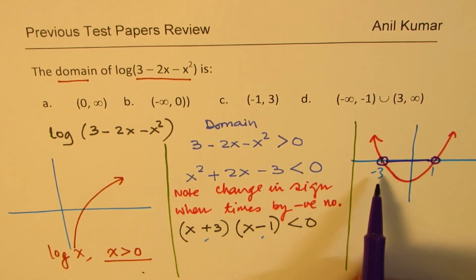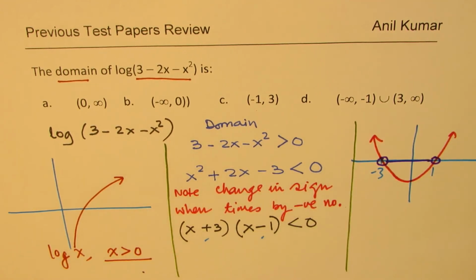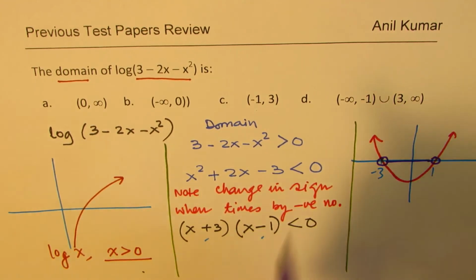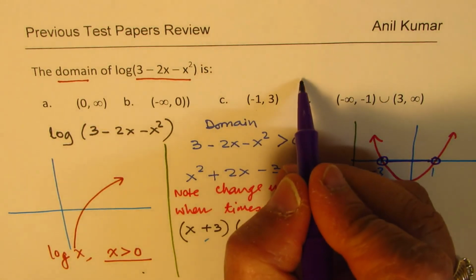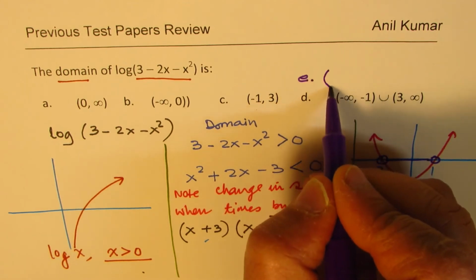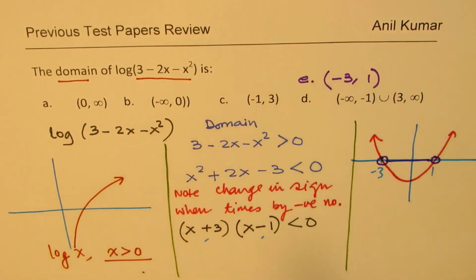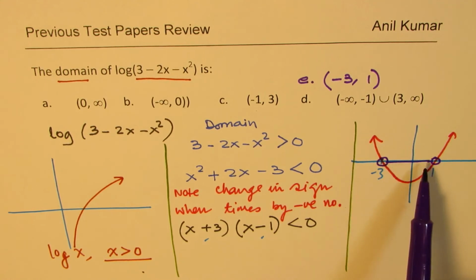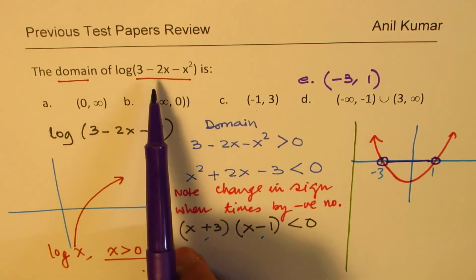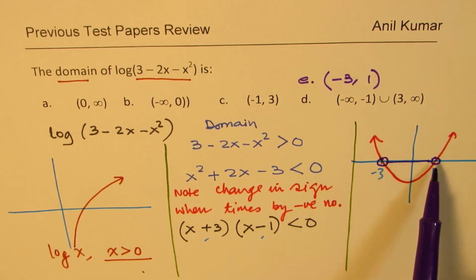So which is between minus 3 and 1. I've actually missed that choice here. I should include it, and that is what I was looking into while solving. So as E, I'm introducing a choice here, which is from -3 to 1. Okay, so I missed it in typing. What you see here is that the interval where the domain of this function lies is between -3 and 1, correct?